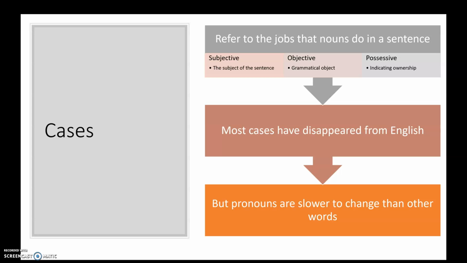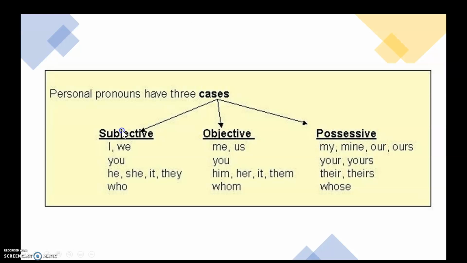And so the cases have remained in pronouns even though they don't exist in nouns, because they're just so slow to change. So again, most cases have disappeared from nouns in English, but pronouns are slower to change than other words. So we keep those three main cases, and there are others, but those are the three we're mostly going to talk about today, for pronouns, even though they're not there for nouns.